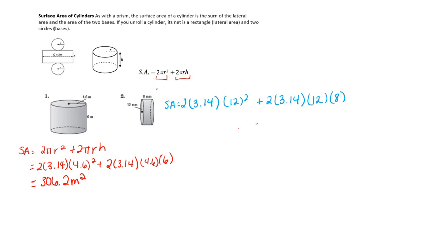That's what the height of a cylinder and a prism are. When I put that in the calculator, I get 1,507.2 millimeters squared. So, 2 times pi times the radius squared plus 2 times pi times the radius times the height.